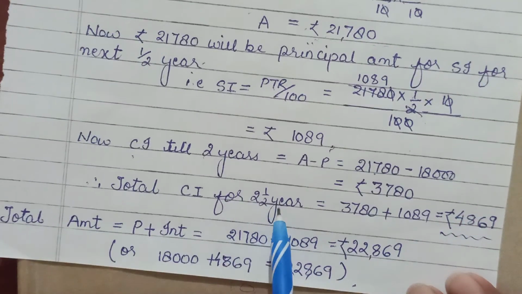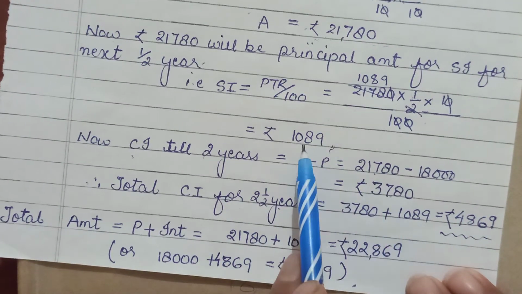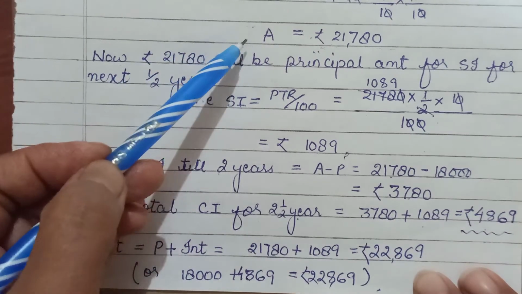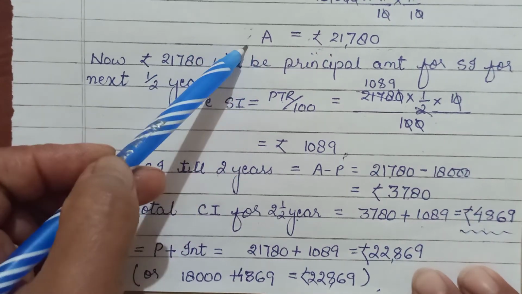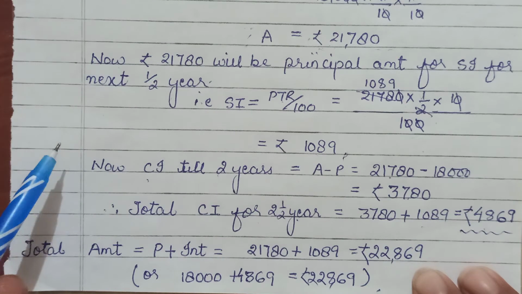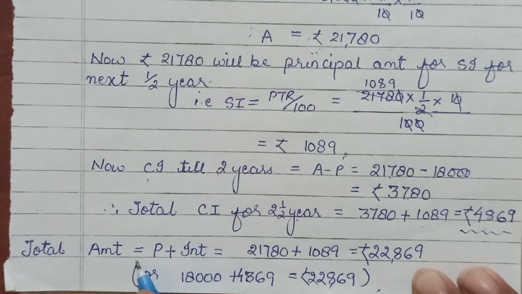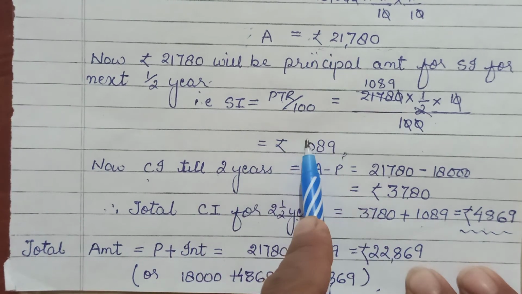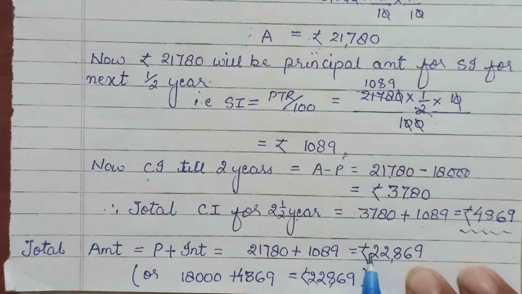So for 2.5 years इतना 2 years का है, इतना half year का है, ये add up हो जाएगा. So this will be your net compound interest. ओके, then you also have to find the amount. तो अभी जो आपने पहले निकाला था this was the amount only up to 2 years. अभी half year का और निकालना है. Okay, so for that, we've done amount is principal plus interest. तो जितना यहाँ principal पहुंच गया था after 2 years, उसमें जो अभी half year में आपको interest मिला है वो add कर दो.